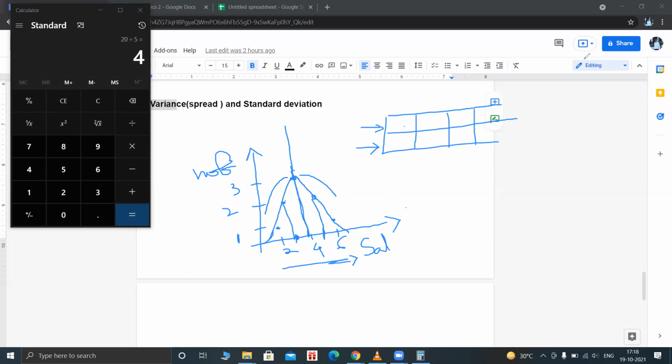Guys, are you able to understand? Yeah. So this was my mean, right? When you draw a perpendicular line through the mean, the diagram on the left-hand side of this line is equal to the right-hand side.